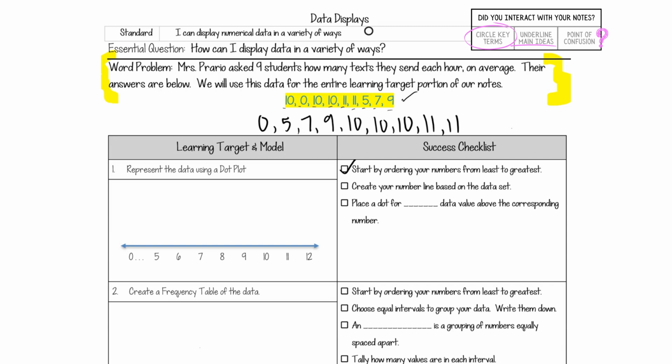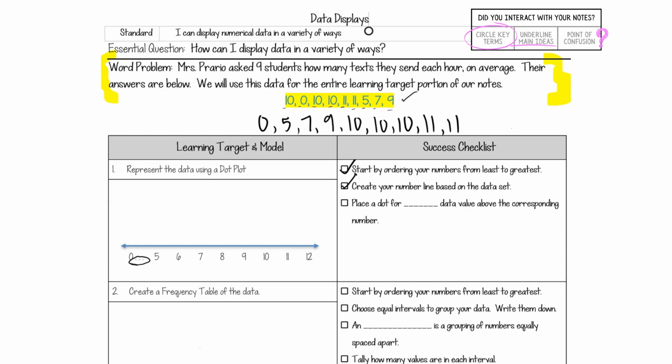So I used these ellipses, the dot, dot, dot, to skip a few numbers, because we know on a number line, everything needs to be evenly spaced. So that represents, yes, there's numbers between here, but we didn't have enough room. And then I went from 5 all the way to 12. Go ahead and put a check mark for creating your number line.